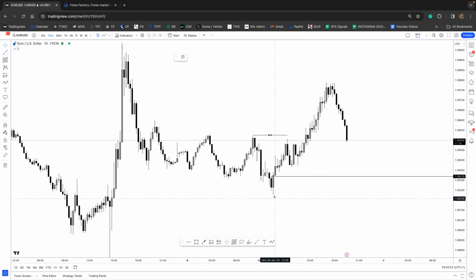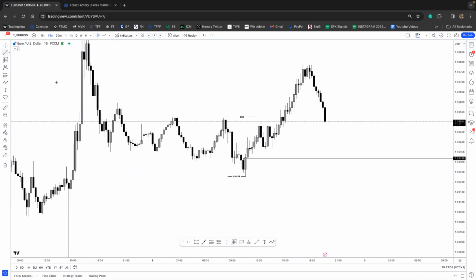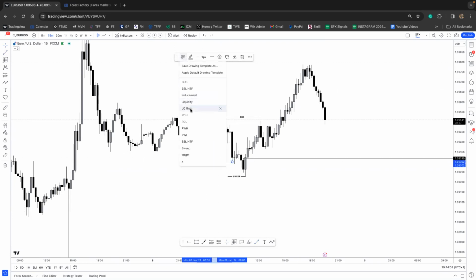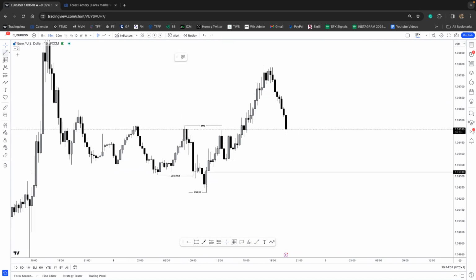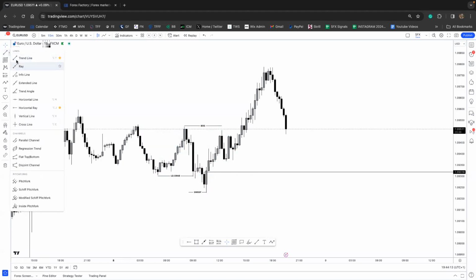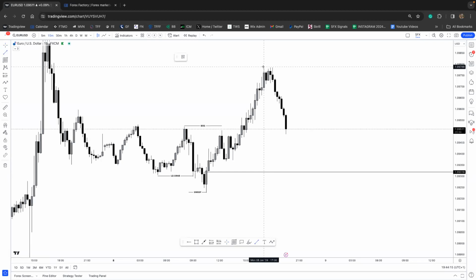We had a sweep of lows, so we can mark that up as a liquidity grab as well. The target, I think that's the daily high. Let me check. Yeah, definitely, this is the daily high of today where we have equal highs. So this can be the possible target to go into the longs.